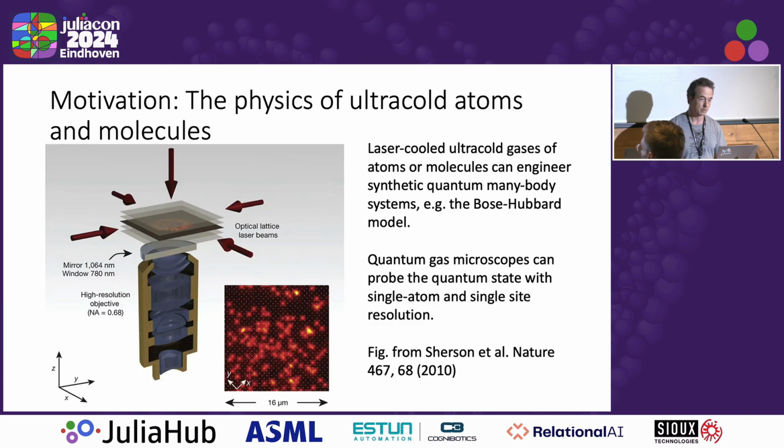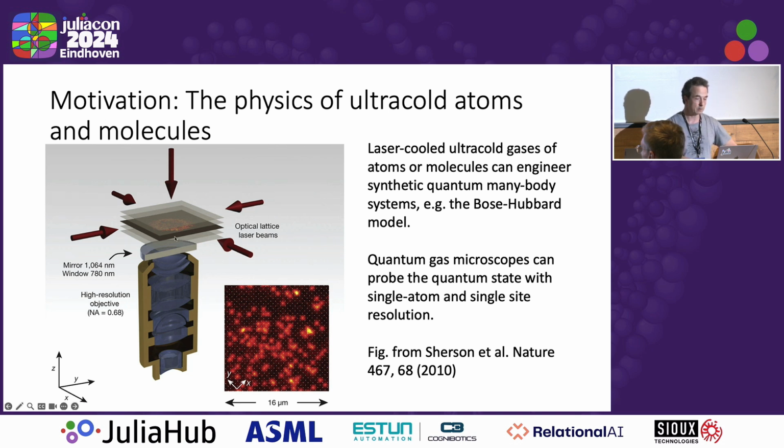Now, what motivates us, particularly in my research here, is the physics of ultra-cold atoms and molecules. So you can build artificial quantum systems with that. Here's an example of a quantum gas microscope experiment.